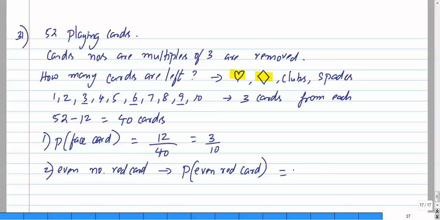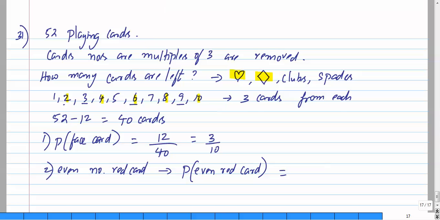So, I have even numbers means you can see that 2, this is one even number, 1, 2, 3, 4, 5. I have 5 even numbers of this and 5 even numbers of this. But out of this I have already removed 6. Right? I have removed this because it was a multiple of 3. So how many do I have?